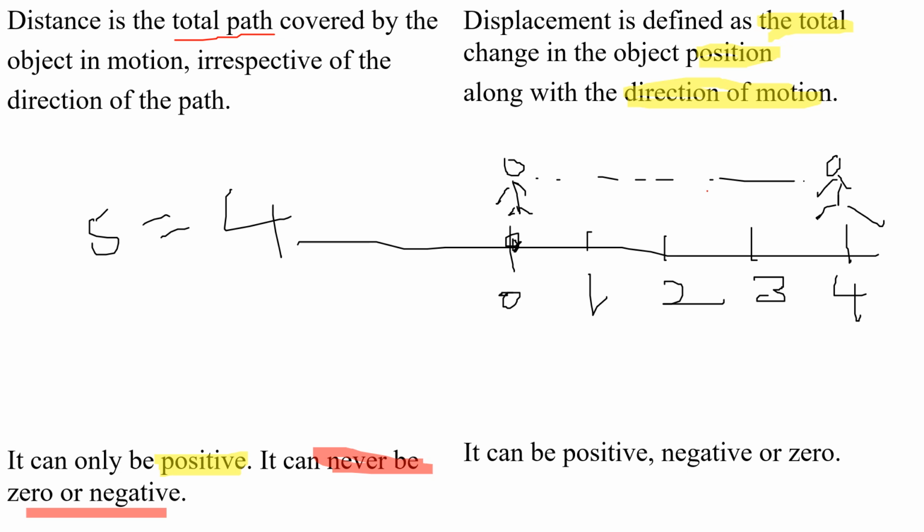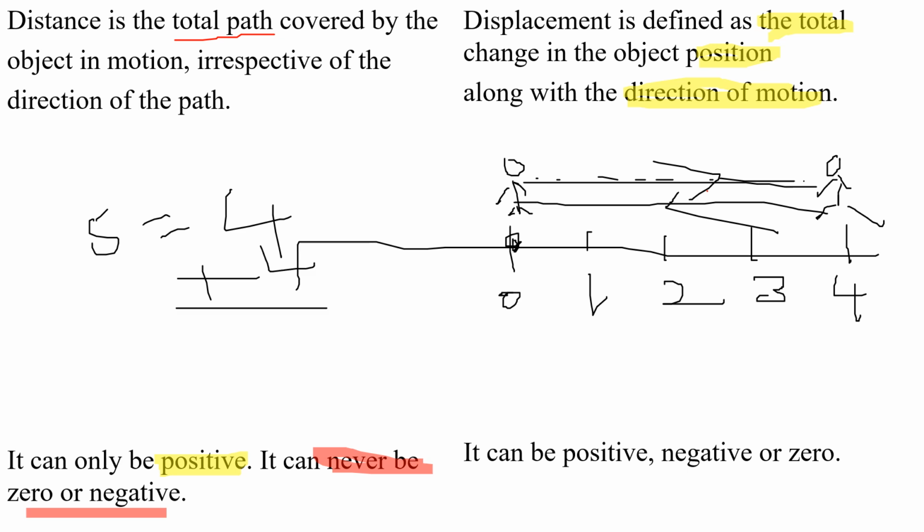Okay, if the person goes in this direction from 0 to 4, and the person comes back again from 4 to 0, then the distance will be 4 plus 4, distance covered is 8.